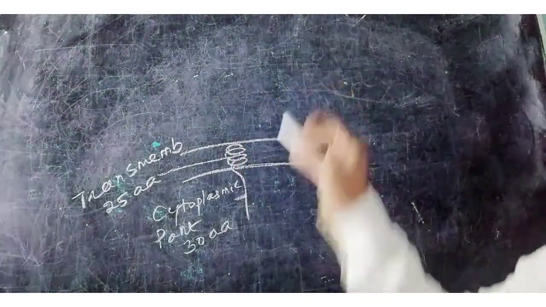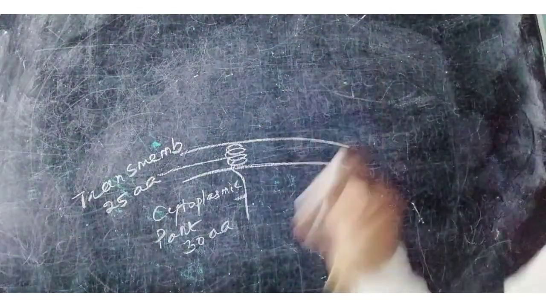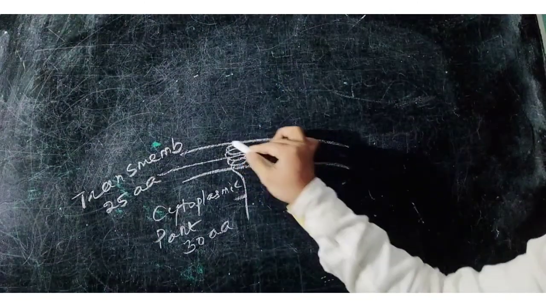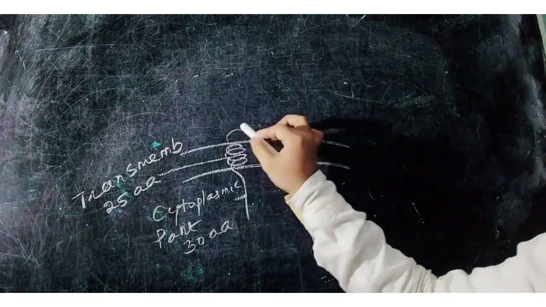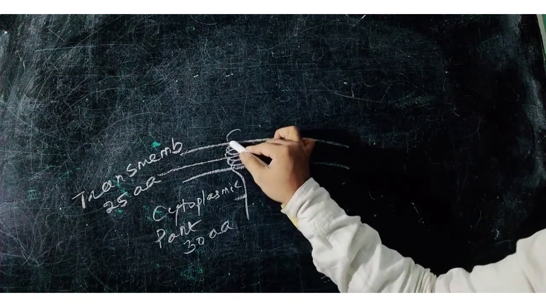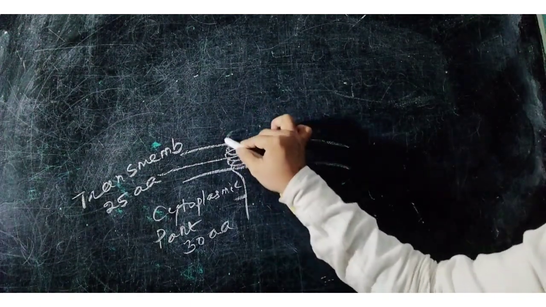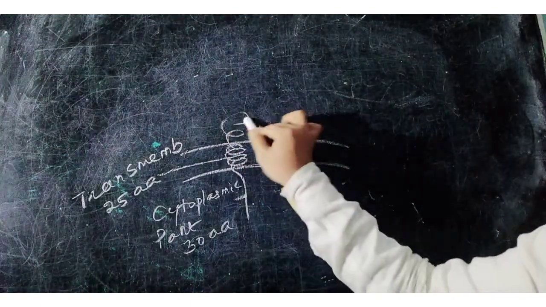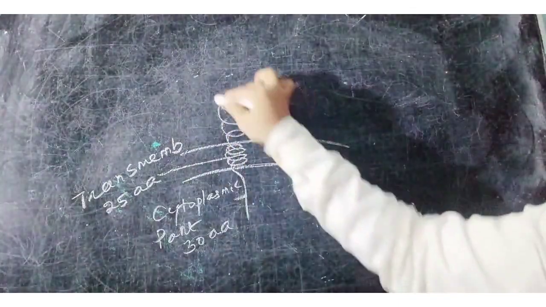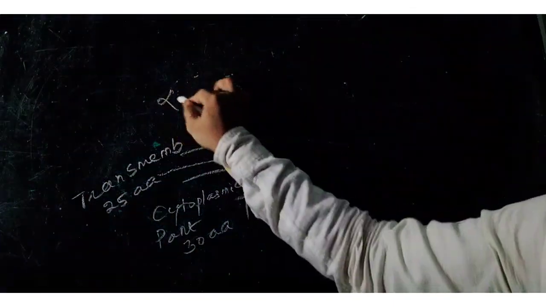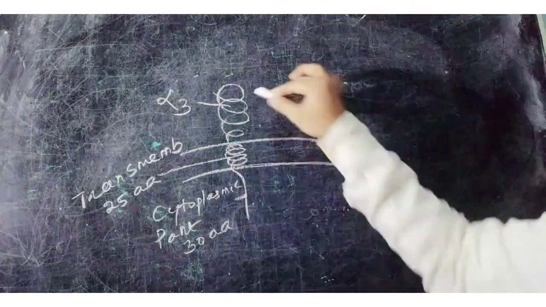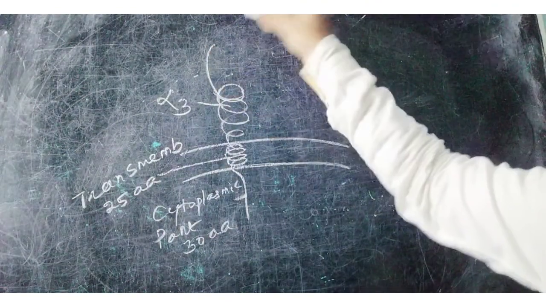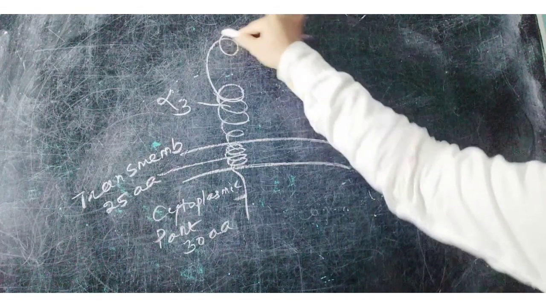Next, above the membrane there are three domains. The proximal domain is the alpha 3 domain. The alpha 3 domain binds with alpha 2.